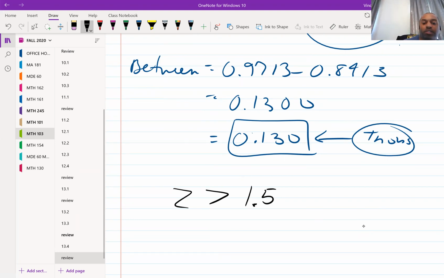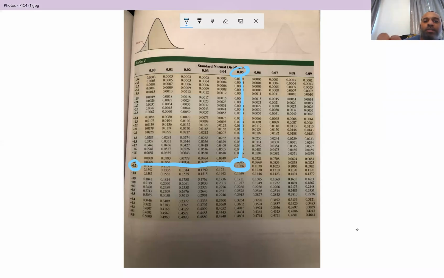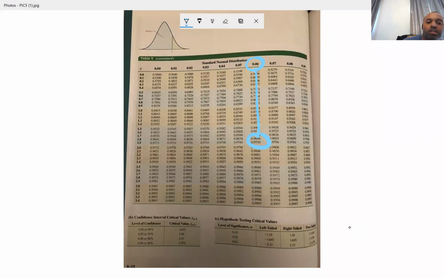So this is greater than, or more than. Remember, if it's just 1.5, then we're looking at 1.50 because we need 2 decimal places. And you go to your chart. 1.5 is right here, 0 is up here, so that meets right here at 0.9332.